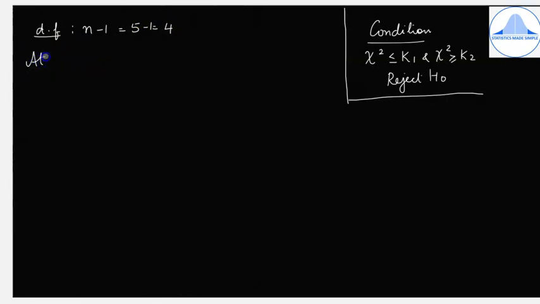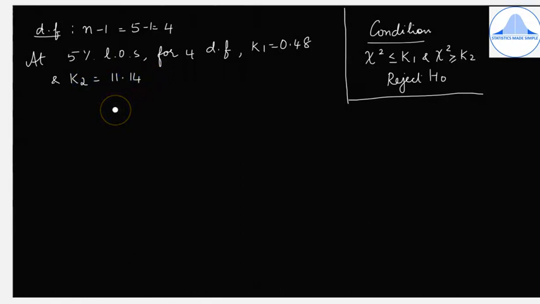So the next sentence you can write is at 5% level of significance for 4 degrees of freedom, write down the values of K1 and K2. So K1 is equal to 0.48 and the value of K2 is equal to 11.14. You have to compare the chi-square value with K1 and K2 and then write the conclusion. So the next sentence is the conclusion.